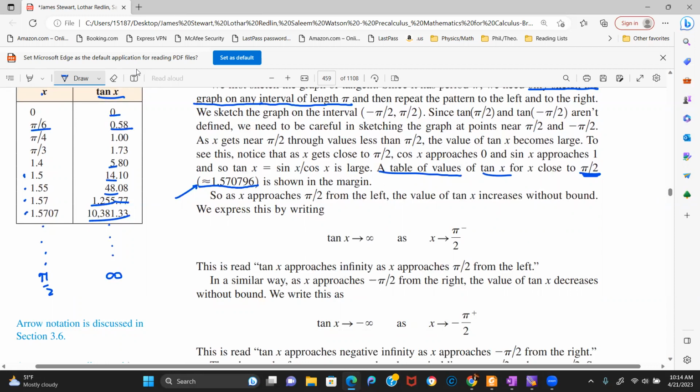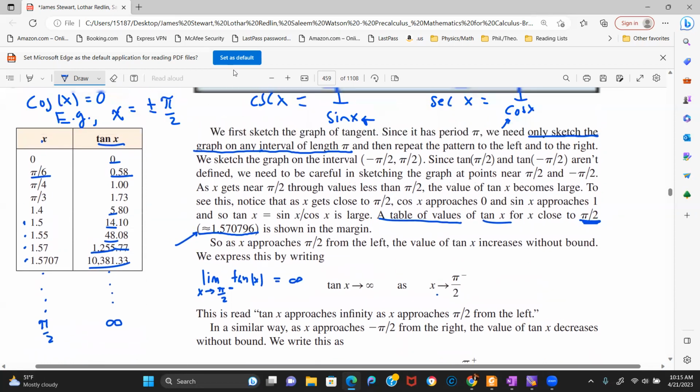Remember this notation. They say as x approaches pi over 2 from the left, tangent x goes off to infinity. And you can write this a little more concisely as saying that the limit as x goes to pi over 2 from the left of tangent x is equal to infinity.